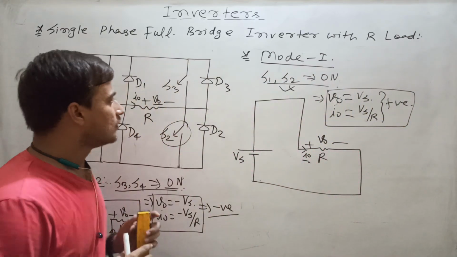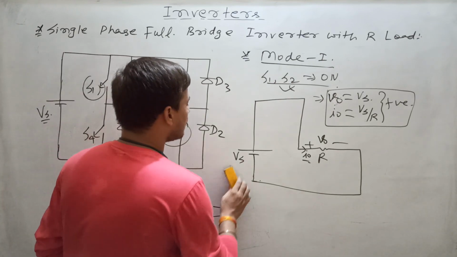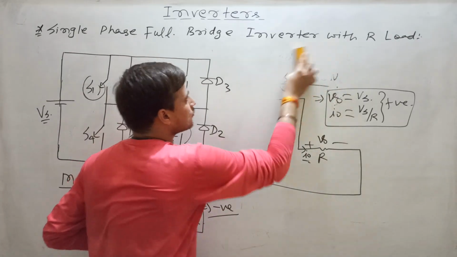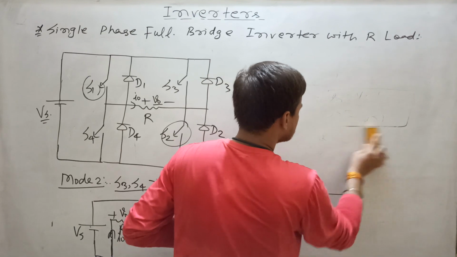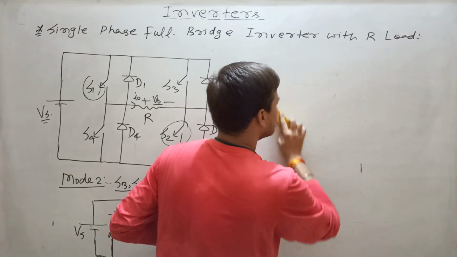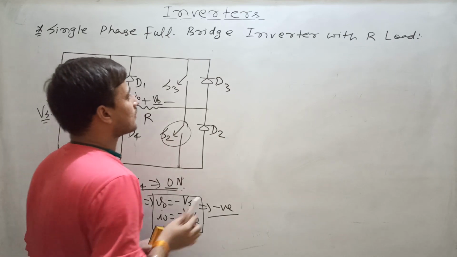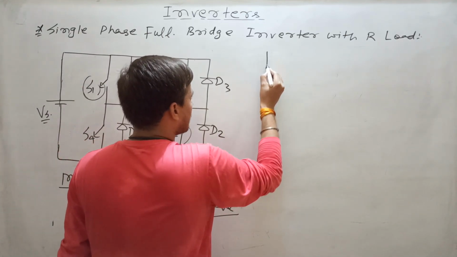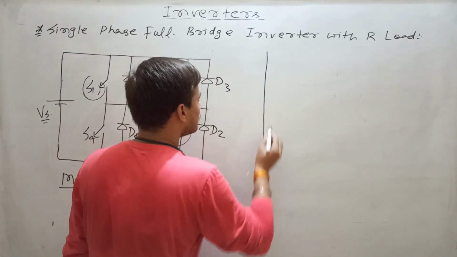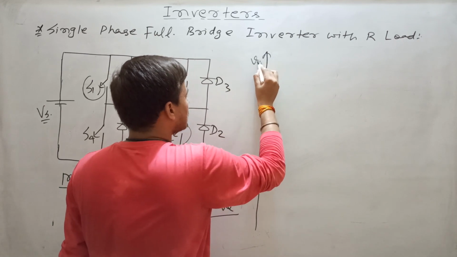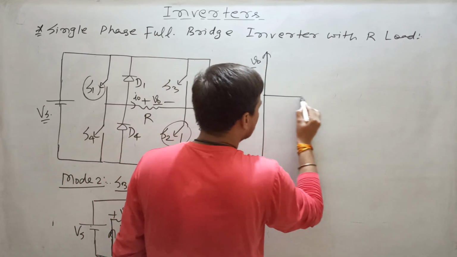Now we have to draw the waveform of this particular inverter. Again we will draw two waveforms. First I am drawing the waveform of output voltage.